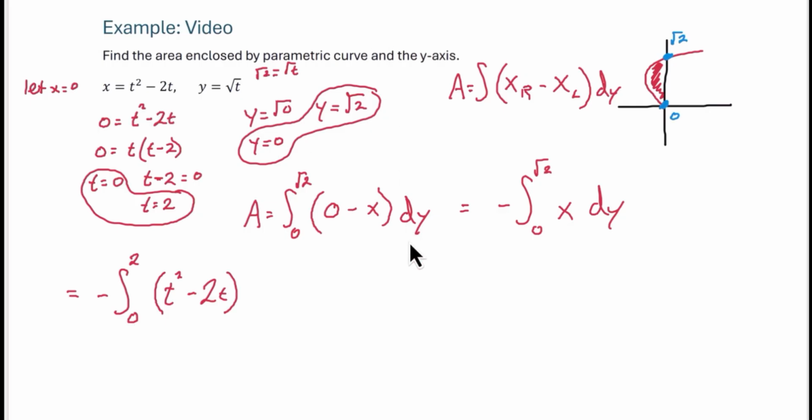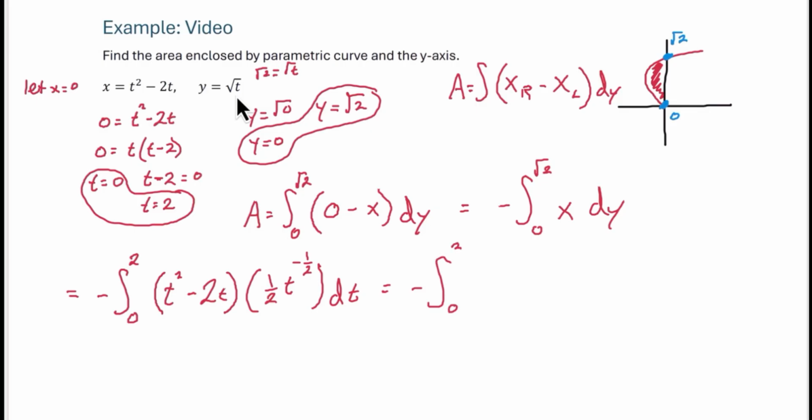And we also want to rewrite dy so that it is also in terms of t. So let's take the derivative of y. The derivative of the square root of t is 1/2 t to the negative 1/2, and that is dt. Simplifying once again, we get negative integral from 0 to 2.